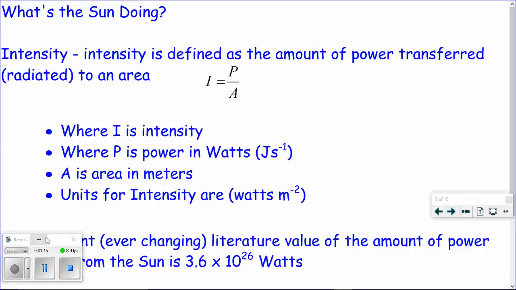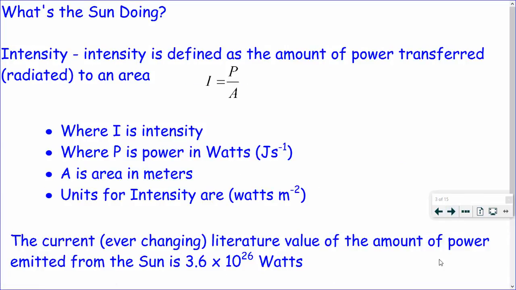So first, the sun is definitely emitting a huge amount of power on a daily basis. And how we measure the power that is actually being emitted from the sun is we measure its intensity. And intensity is defined as the power per area.